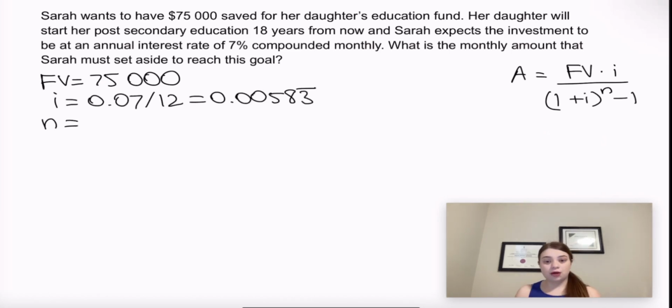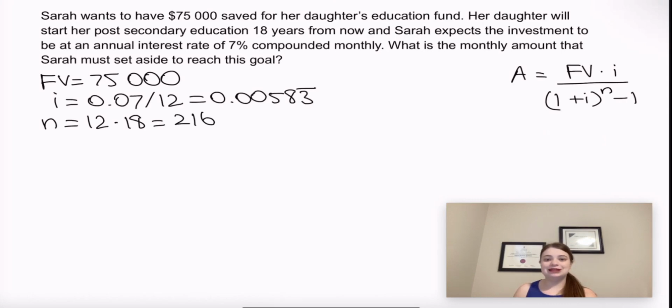Well, there's 12 compounding periods every year, since it compounds monthly. And there's 18 years that she plans to make this monthly payment, essentially, to herself for her daughter's future. So 12 times 18 is going to give us 216.